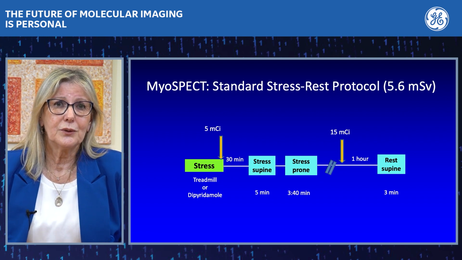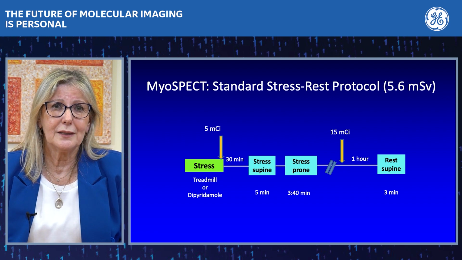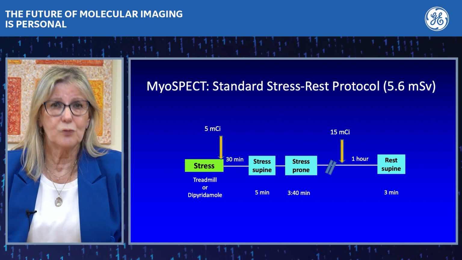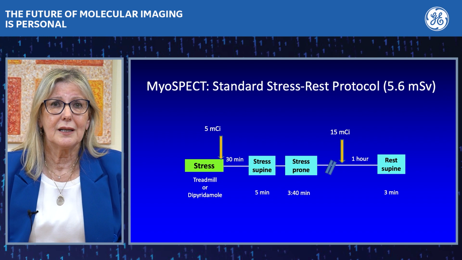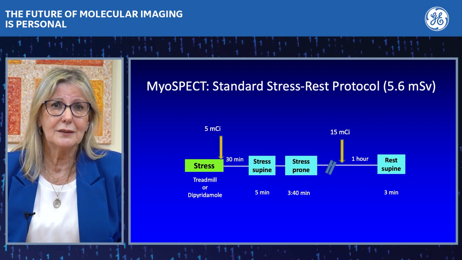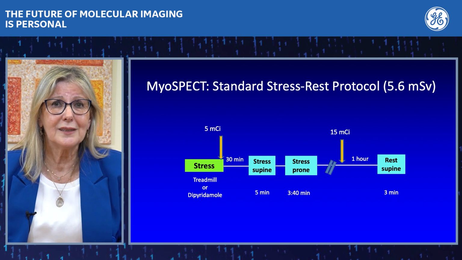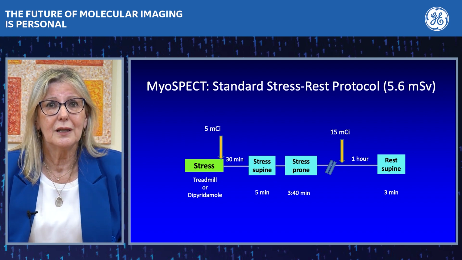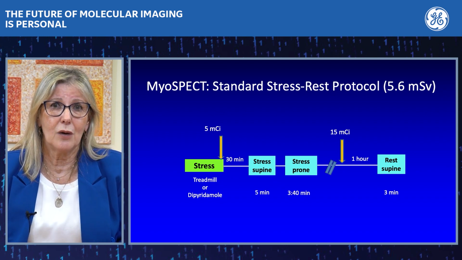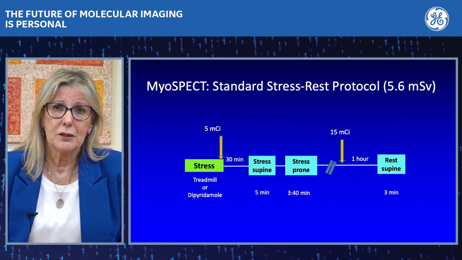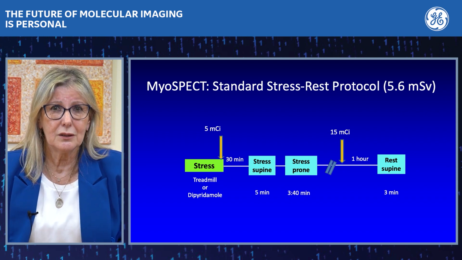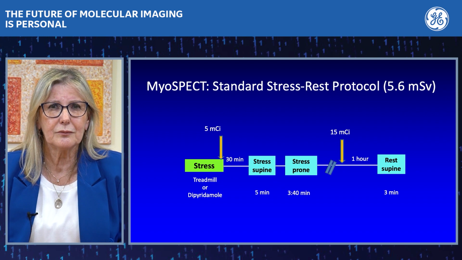This is followed by a supine stress acquisition over 5 minutes, then a stress prone acquisition. Then we inject the resting dose of 50 millicurie, which is followed 1 hour later by a resting supine acquisition over 3 minutes.